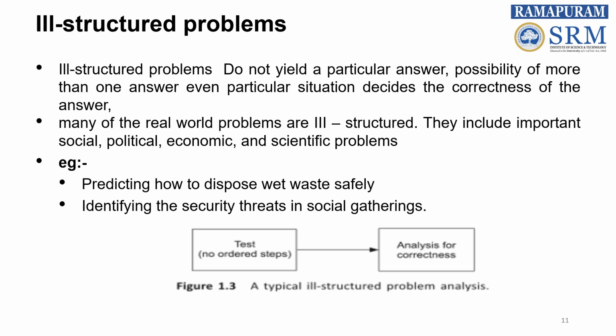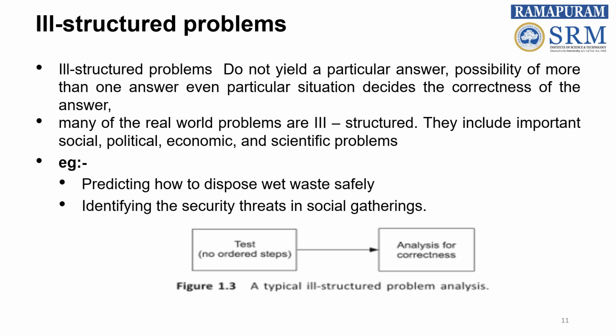Ill structured: the structure is not clearly defined, or the evaluation criteria is not clearly defined, or it does not have ordered steps. It will not yield a particular answer. There is a possibility of more than one answer depending on the situation, depending on the input criteria, or the current situation; you may get a different answer.